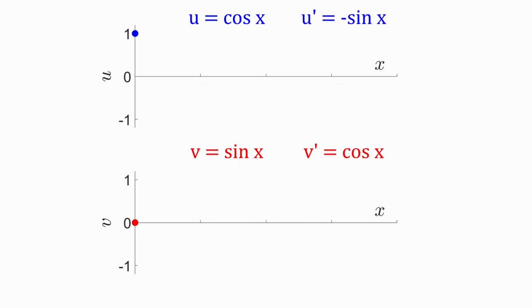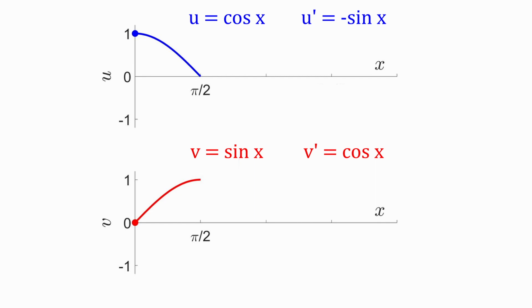We can draw the tangent lines and march the solutions forward. As the solution for sine rises from 0, the solution for cosine falls from 1. We can continue marching the solutions forward until cosine x equals 0. We will call the x value of this 0 pi divided by 2.